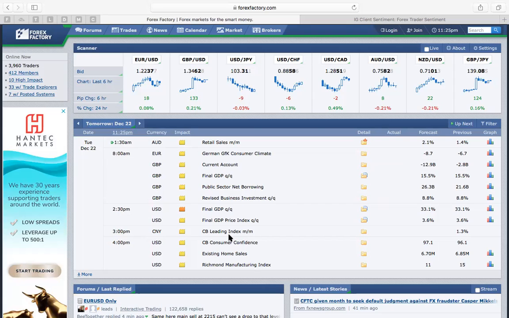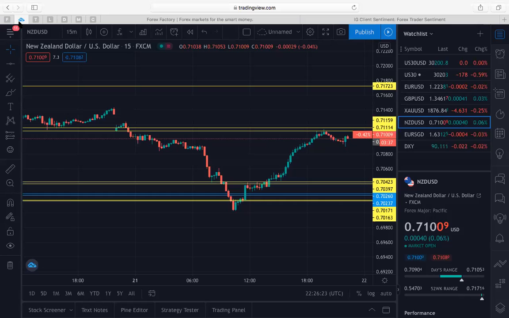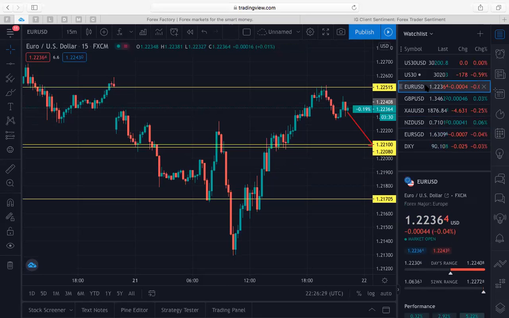Because you need to understand, and I can't explain that in depth now, but I'll give you an example. You see Euro USD and Euro AUD. Anytime there's a movement on Euro USD, there's usually no movement on Euro AUD. And anytime there's a movement on Euro AUD, there's usually no movement on Euro USD.